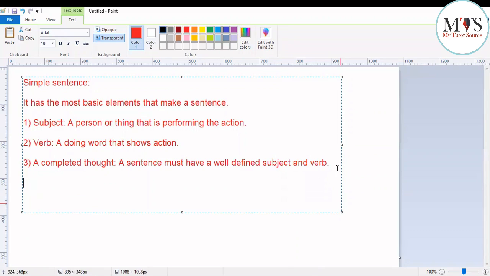Would you like me to give you some examples? So we can look into some examples. Let's start off with the first example.